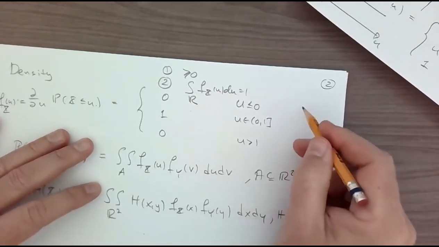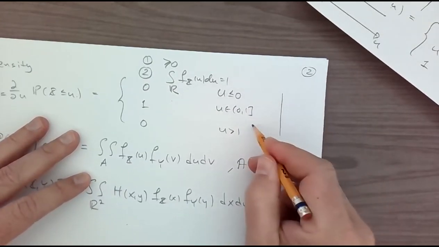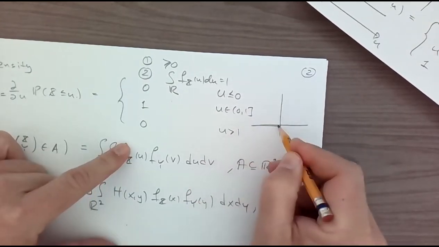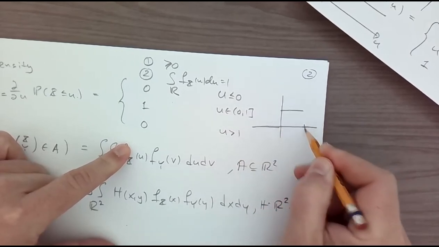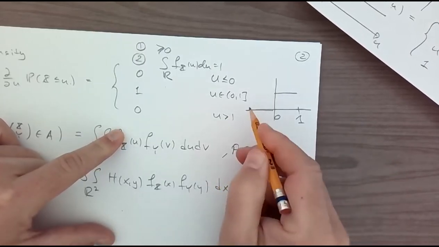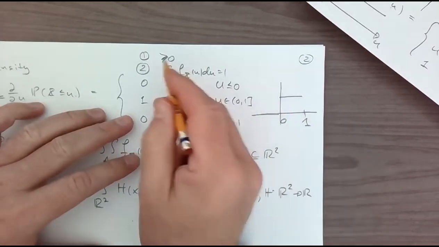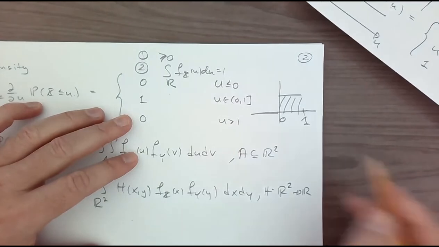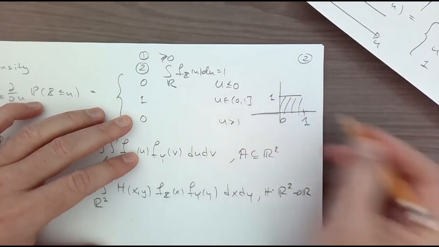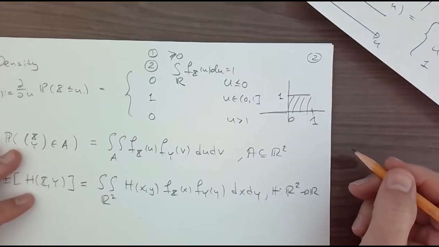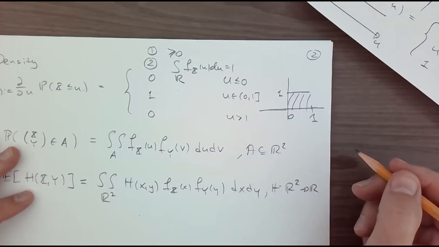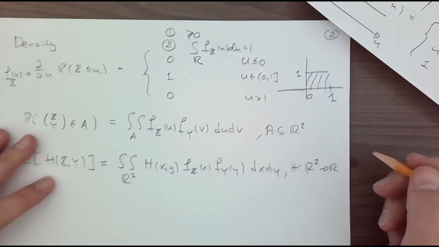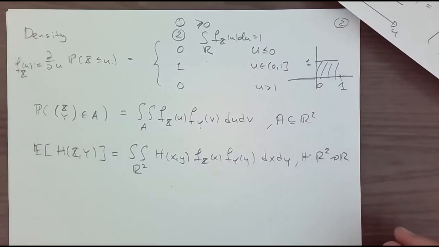And in this case here, the picture is going to be a zero here, and then you're one here, and then you're zero here. So this is non-negative, so we're good on that one. And when I integrate, I get this box here, this is a 1 times 1. So it's a 1. Okay, cool. Yeah, other questions?